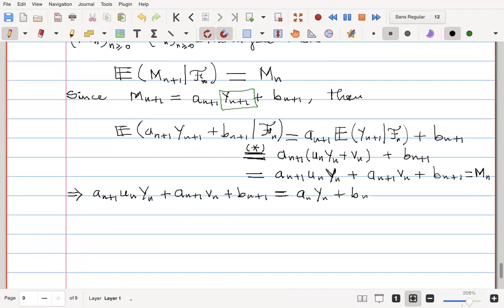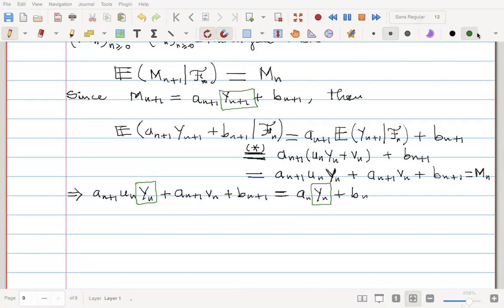So if we equate the two, we will equate like terms. So we have Y_n here, Y_n there. So if we equate the two terms, what does that mean?